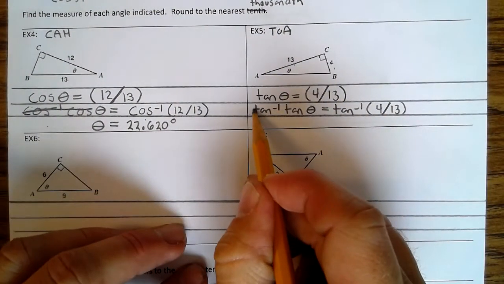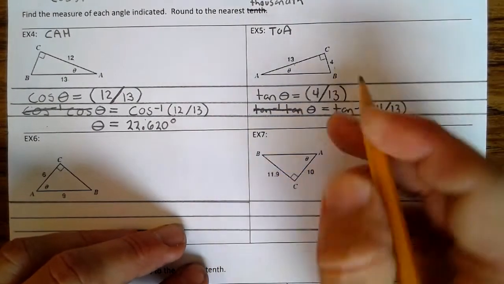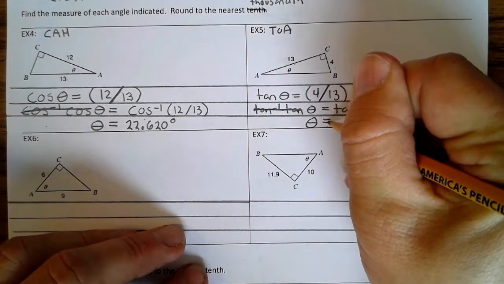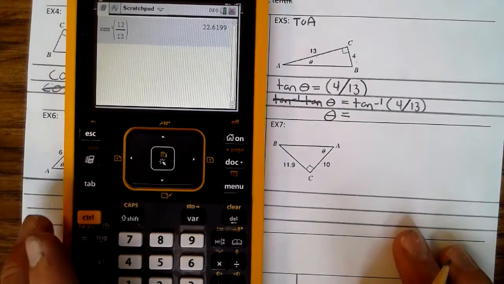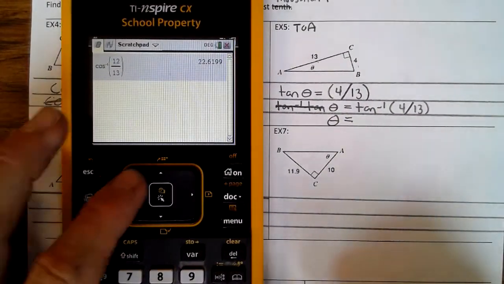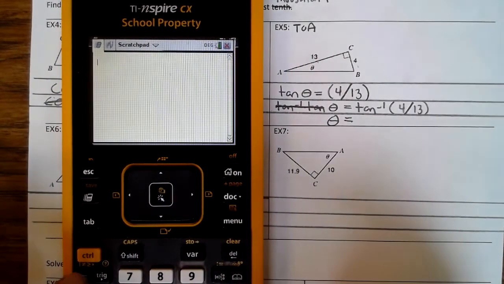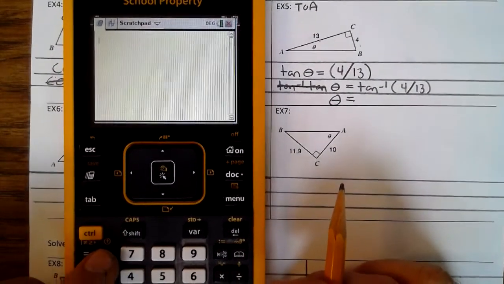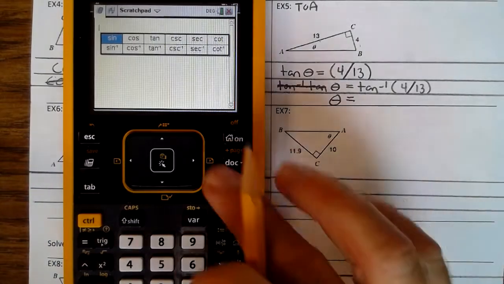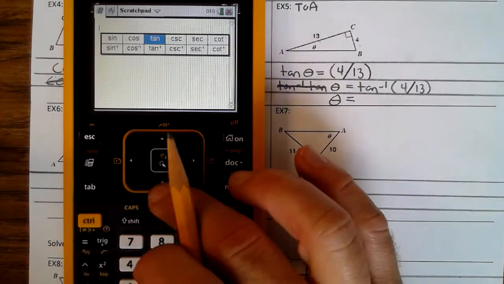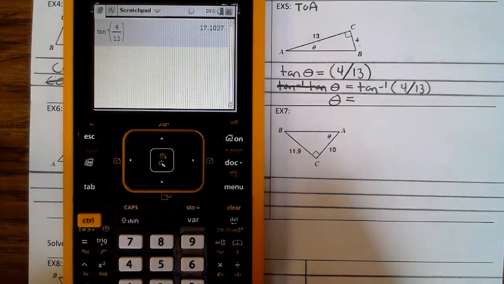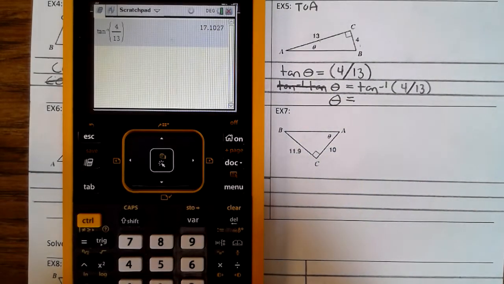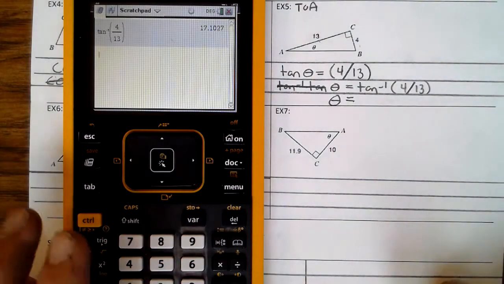So these cancel each other, and you're left with theta equals tangent inverse of 4/13. So delete this one, and we press trig, and then we want tangent inverse of 4 divided by 13, which is 17.103 degrees.